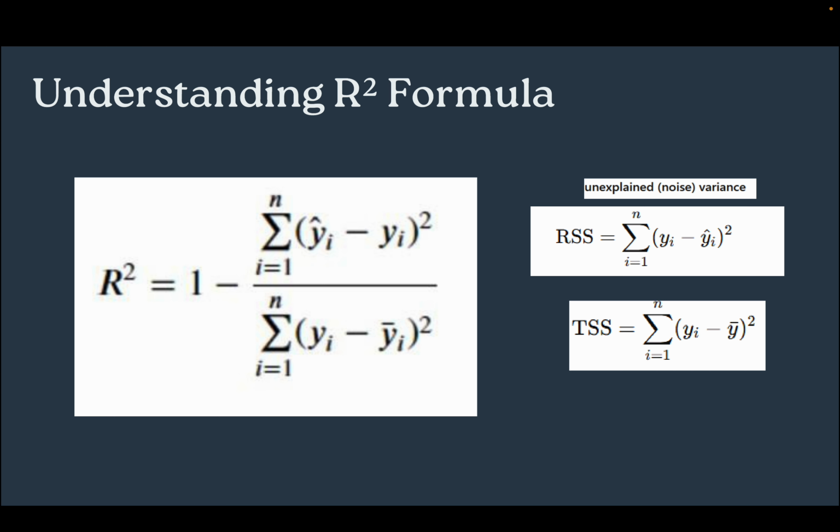Suppose we are having a fitted model, then the residual sum of squares, which is nothing but the sum of the squares of the difference between the predicted values by the model minus the ground truth, and the total sum of squares is the spread of the observations around the mean. So this is the formula which is used to calculate R squared.